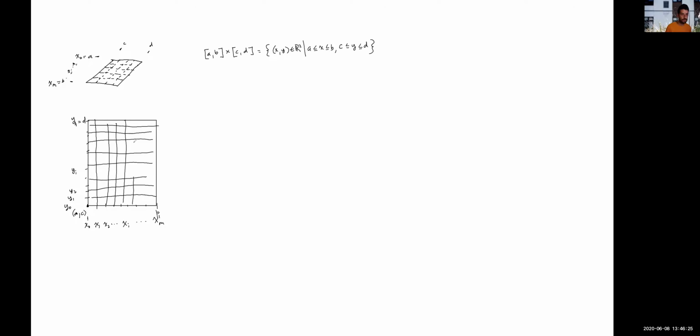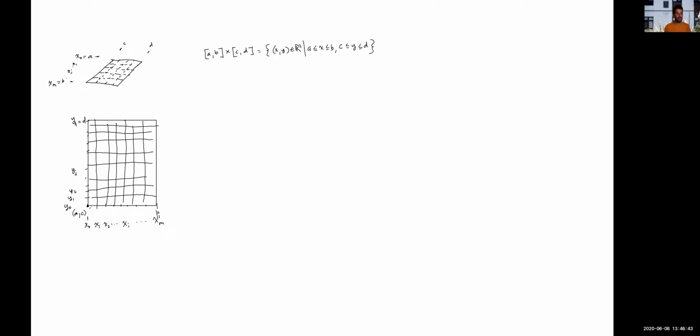Now, if I want to, I need to keep track of all these squares, okay? So I can call, oh, sorry, I should call this y coordinate j, okay?